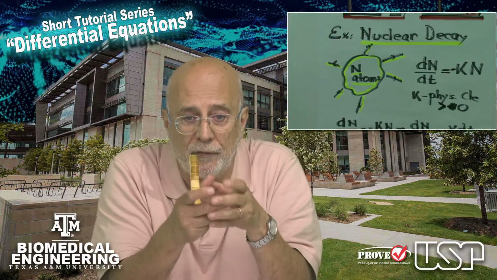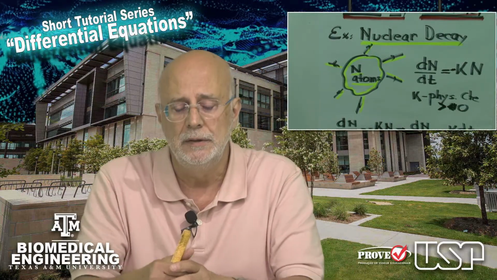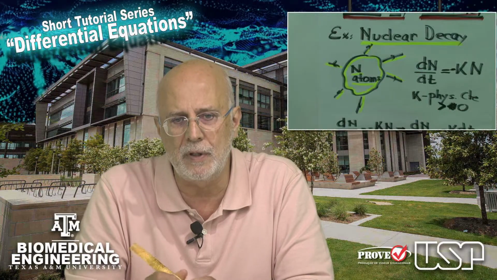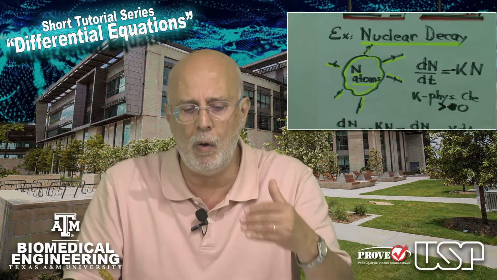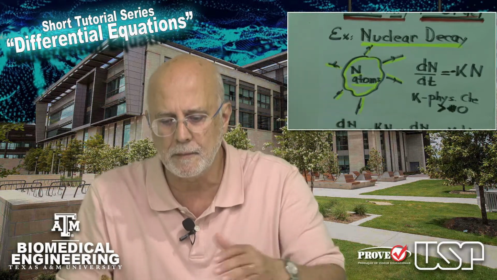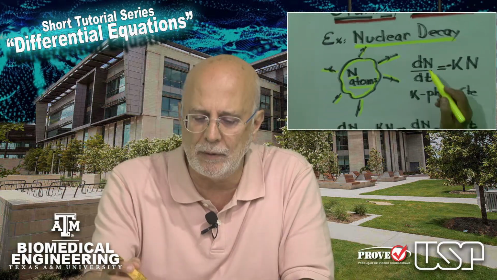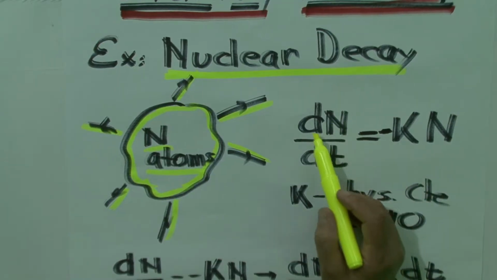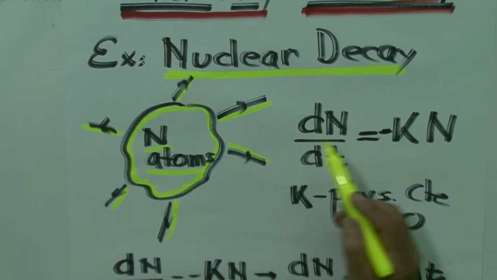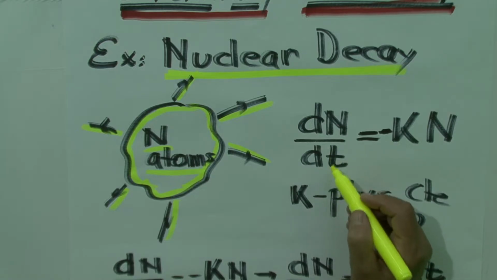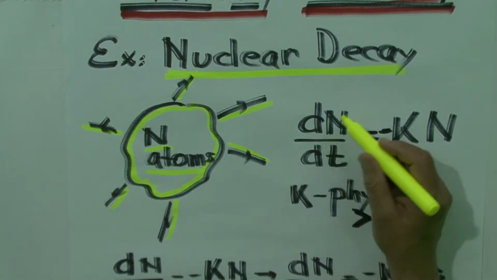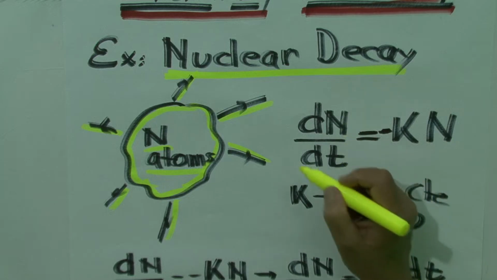The nucleus of each atom will decay. And therefore, I want to create an equation that shows mathematically how is the decay of the atoms. Well, I want to know the velocity of variation of the number with time, which is the derivative of the number with time. Or this is the rate of variation of the number of particles.